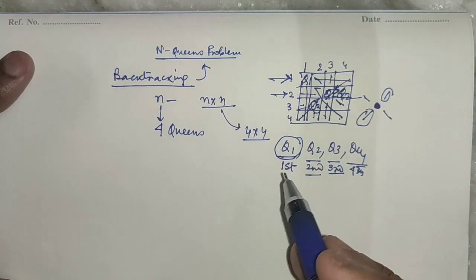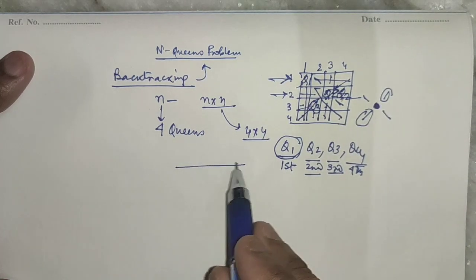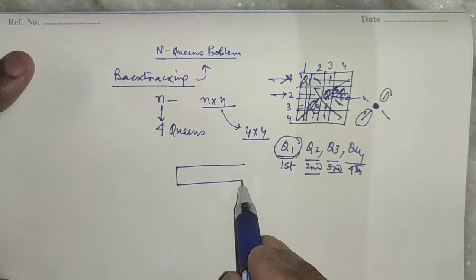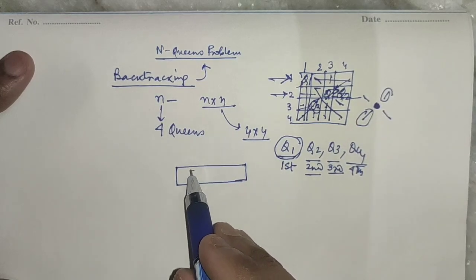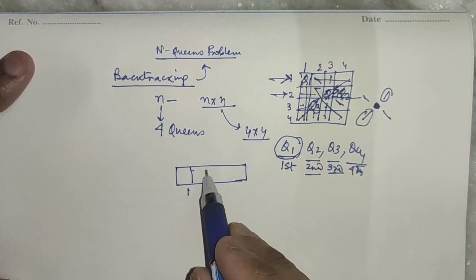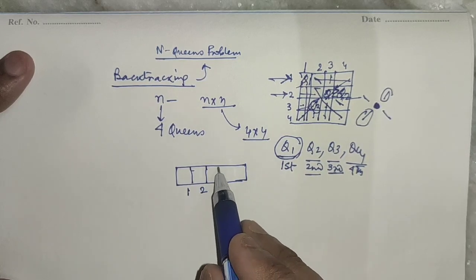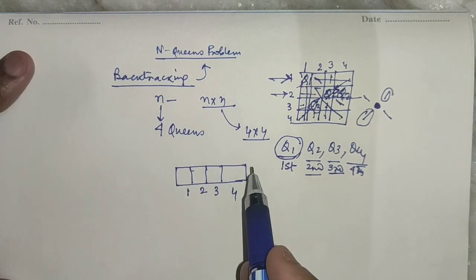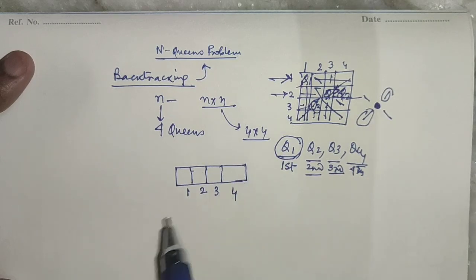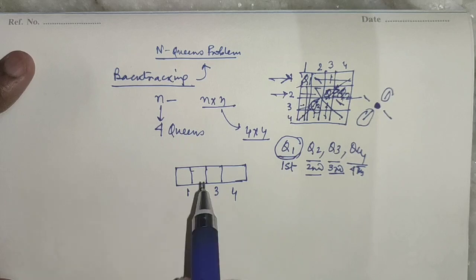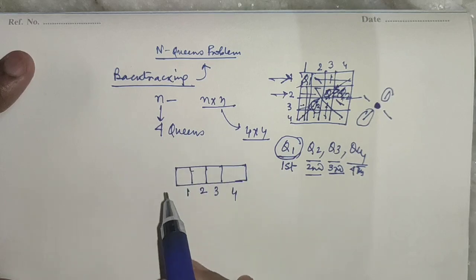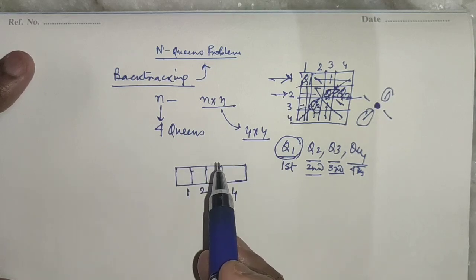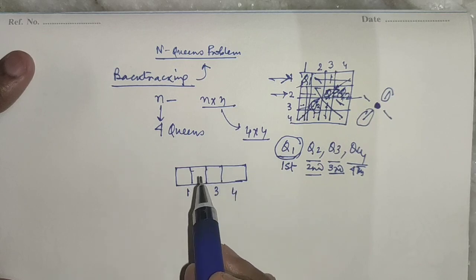Okay, so if you want to represent the solution in the solution vector, it is a vector with 4 cells present in it, because it is a 4 queens problem. As per the first lecture on backtracking, it was told that there should be a solution vector in which you load the solutions of the backtracking related problem.